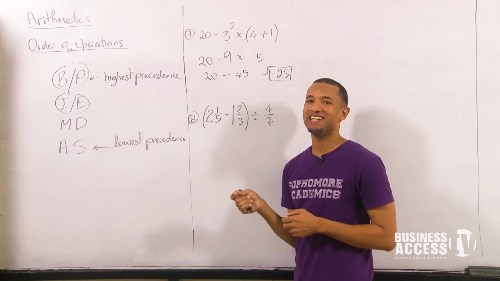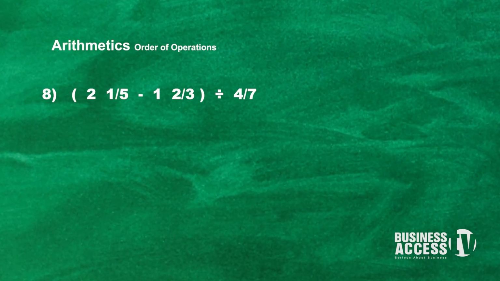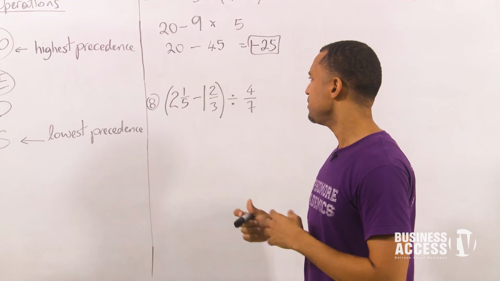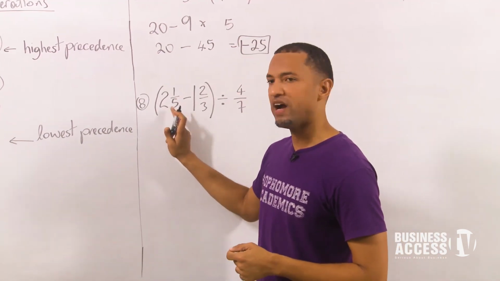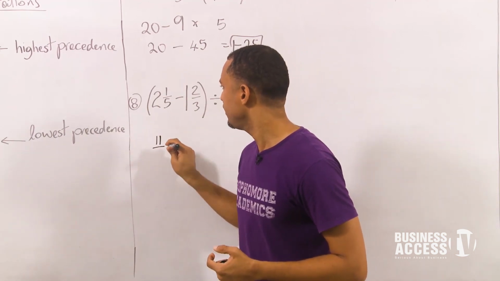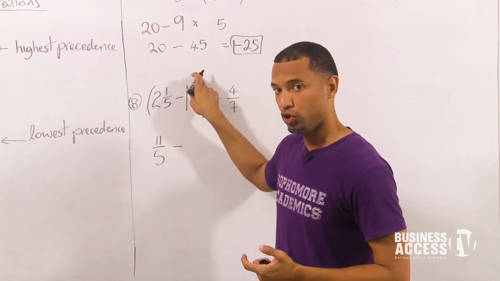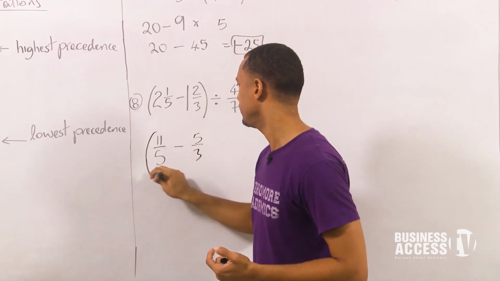Look at number 8, ladies and gents, fractions. I really just put this on the board to show you that we always have to keep in mind the order of operations. So even if we're doing fractions, which is not the topic today, let me see if we can quickly run through this. We're just gonna go 5 times 2 is 10, plus 1, that gives you 11 over 5, minus 3 times 1 is 3, plus 2, which is 5 over 3.